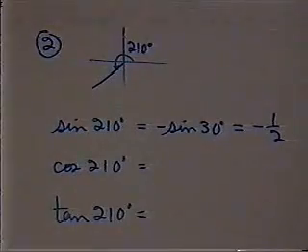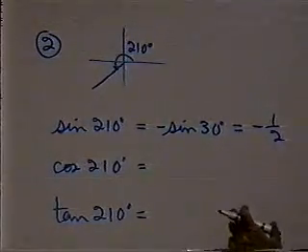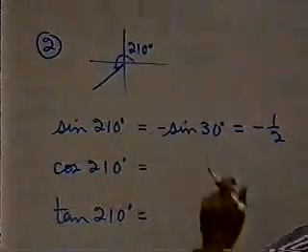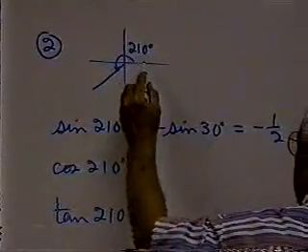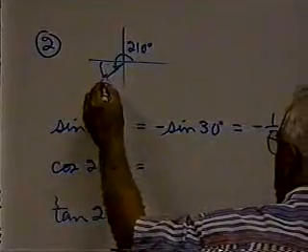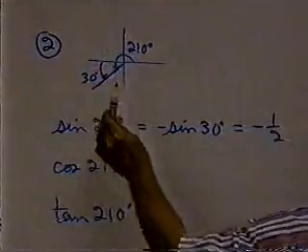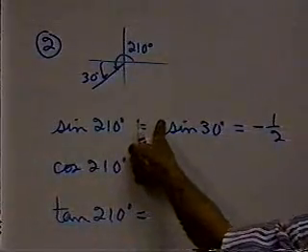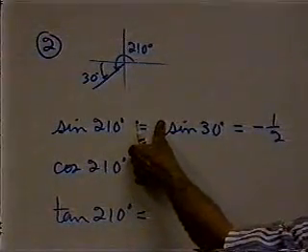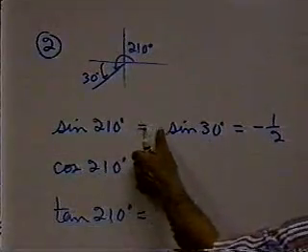All right, now let's look at 210 degrees. The first one on the back page, example number 2. 210, okay, so we need to sketch it so we know where it is. 210 is here, which means what? 30 degrees. So the sine of 210 is the sine of 30 degrees. Now, plus or minus.